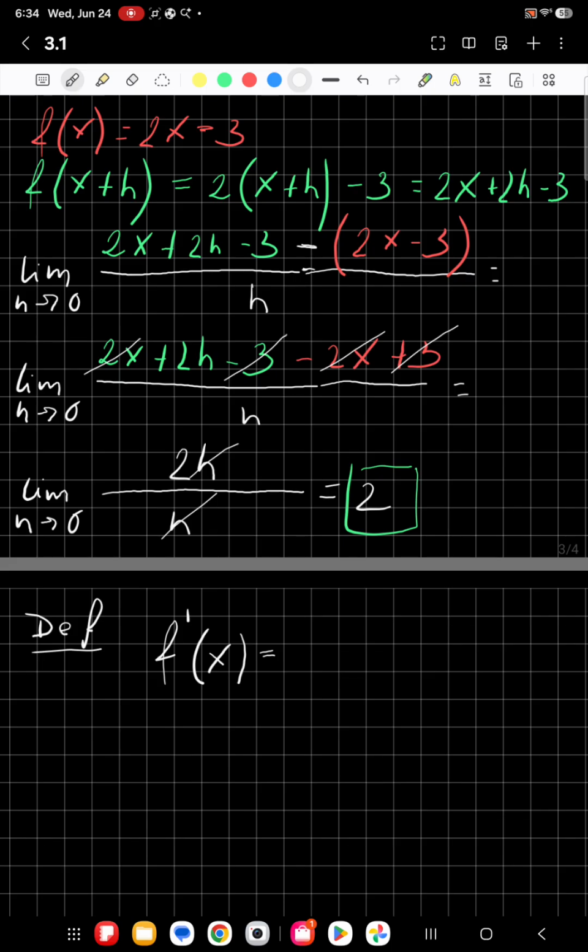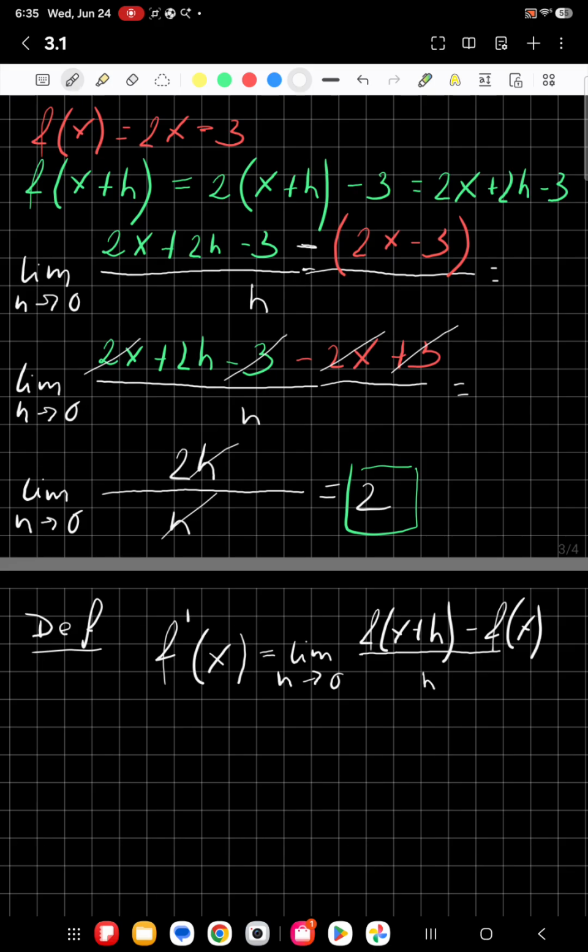So let's just write it. I'm going to use that formula with h. That one I think is more useful. I mean, they're both useful for different purposes. So we have the limit with h approaching 0, and then f of x plus h minus f of x, and the bottom is just h.